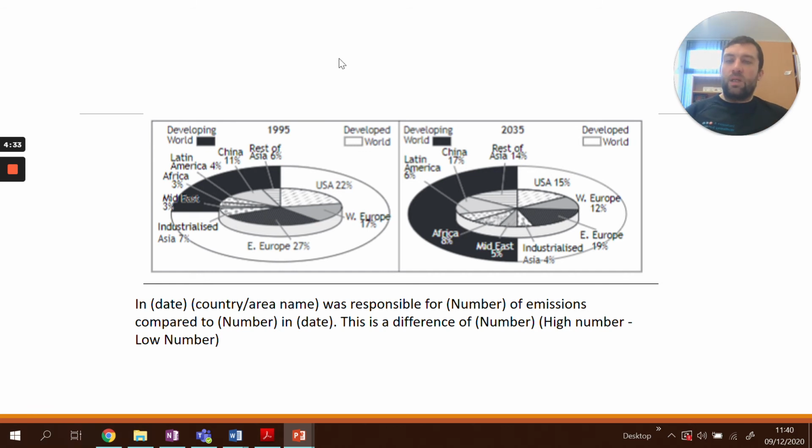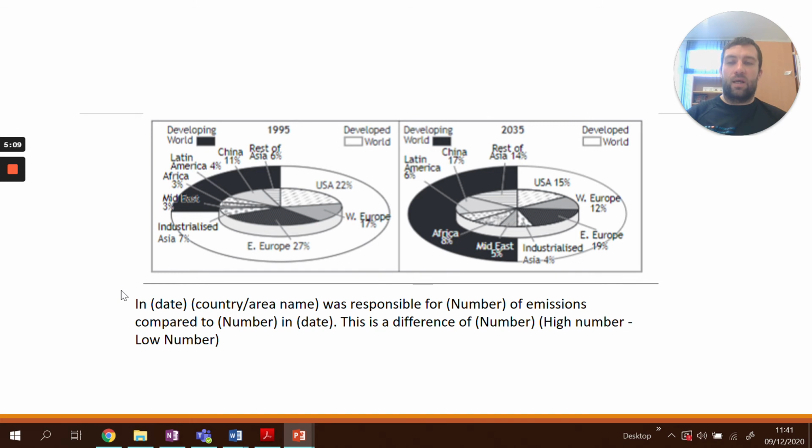So here is how we structure it. We start with the date, and we take the earliest date, so 1995, then the country or area name, and let's use the USA. So in 1995, the USA was responsible for, and we look at the graph and say, 22% of emissions, compared to, and we'll go for the number in the new date, 15% in 2035.